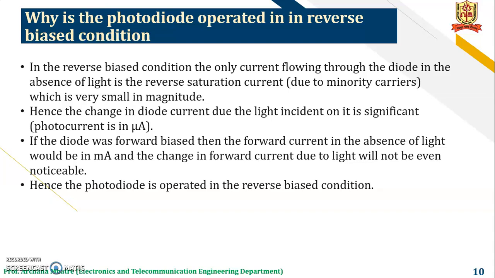Hence, the change in diode current due to the light incident on it is significant, that is, photocurrent is in microampere. If the diode was forward biased, then the forward current in the absence of light would be in milliampere, and the change in forward current due to the light would not even be noticeable. Hence, the photodiode is operated in the reverse bias condition.